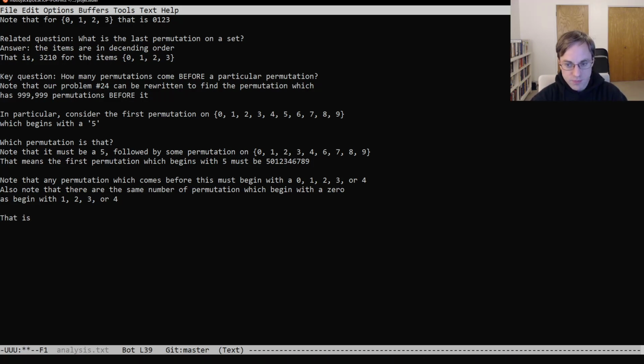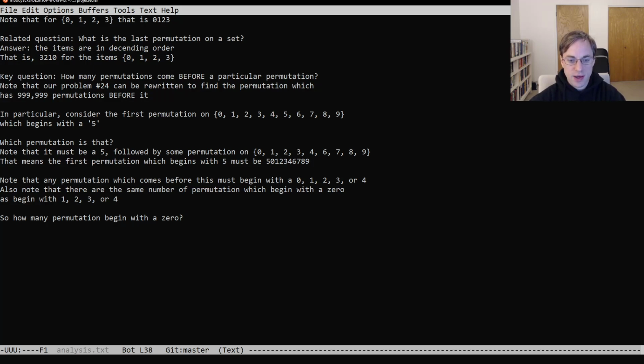That is, the number of permutations which come before our permutation here is just 5 times the number of permutations that begin with 0. So how many permutations begin with a 0?